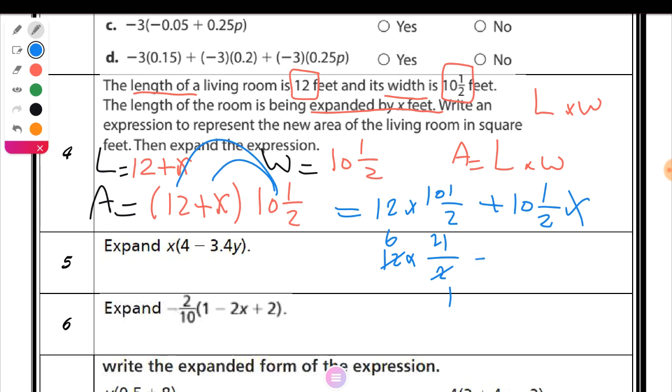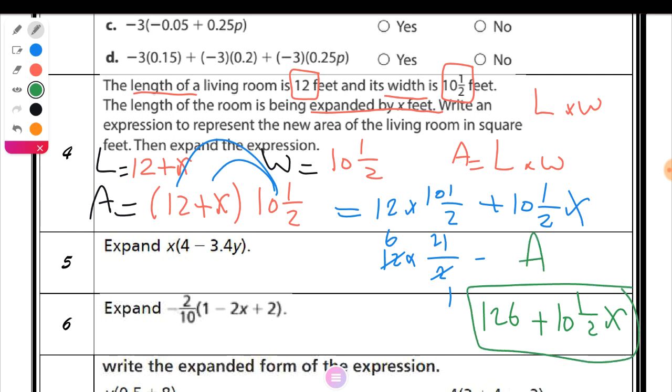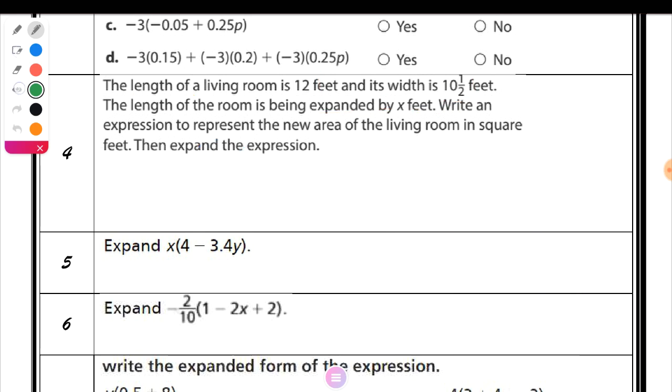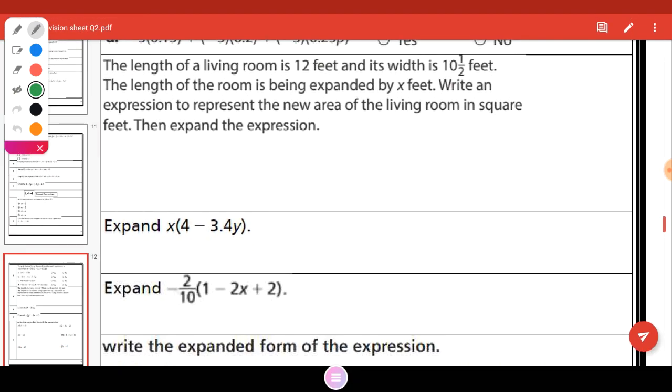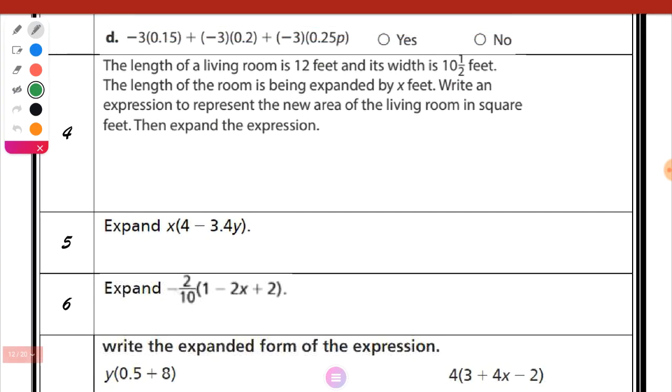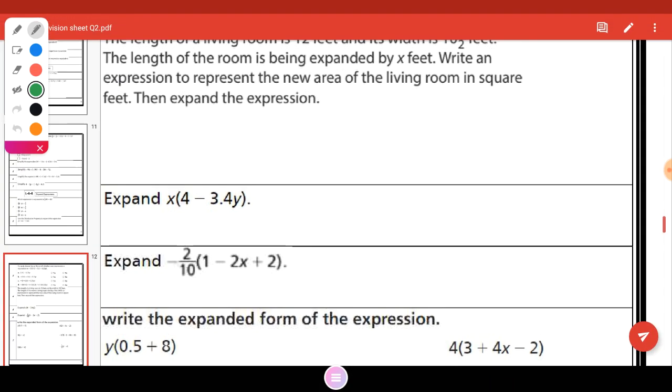So the last answer should be 126 plus 10 and a half x. This is the last answer. So this is the area, the new area after expanded the length.